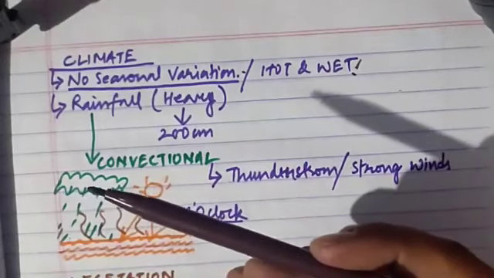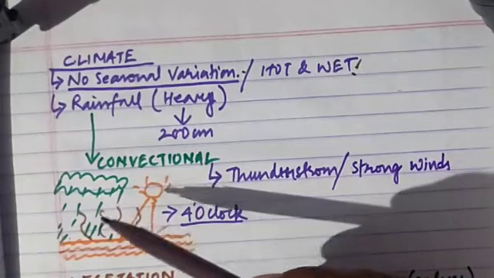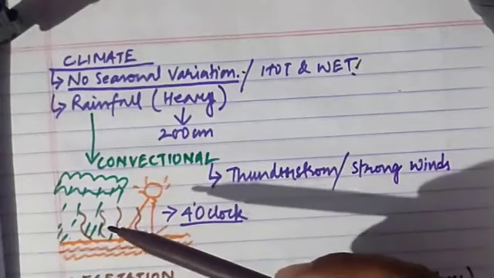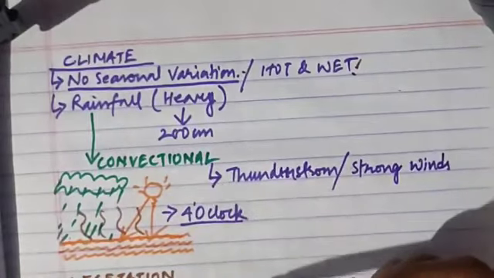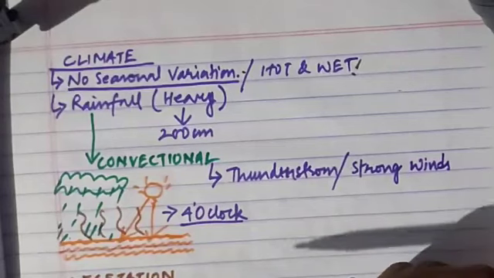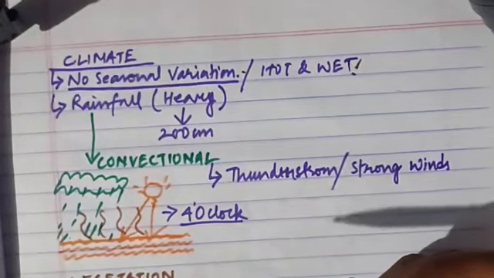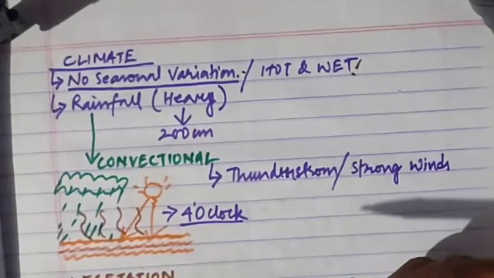Condensation process will take place, and with that the cloud formation will also take place. So by the evening time this area will receive rainfall. Understood? Because throughout the day the evaporation rate is very high, the clouds will get saturated very rapidly, and as a result in the evening it receives rainfall.